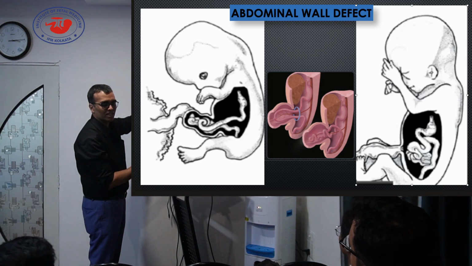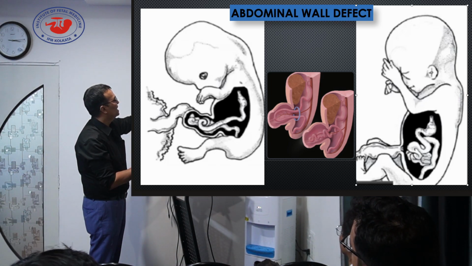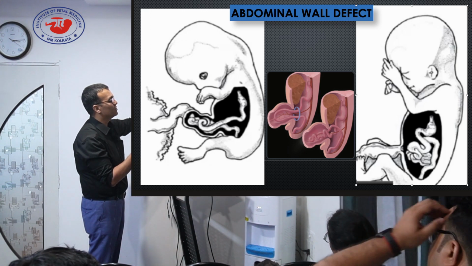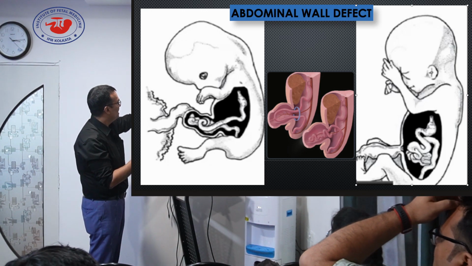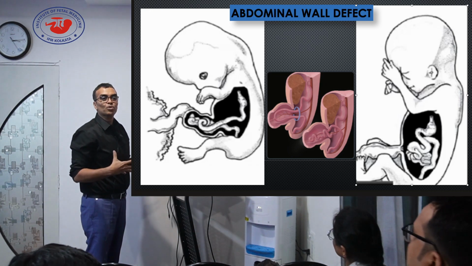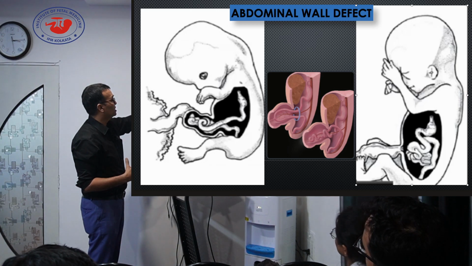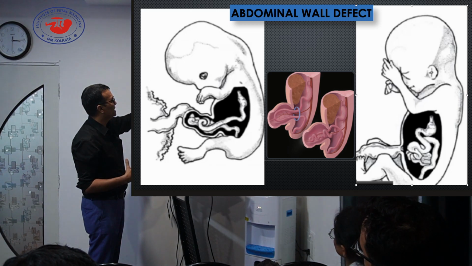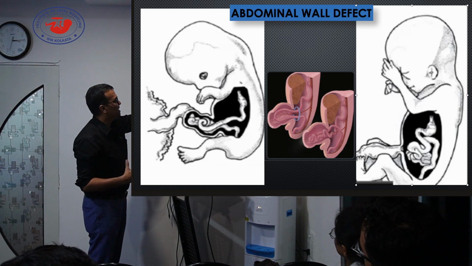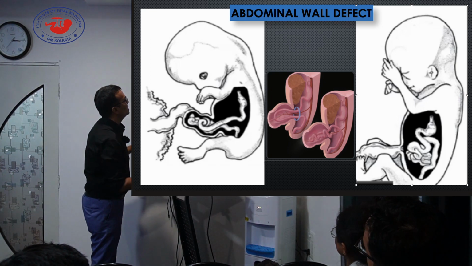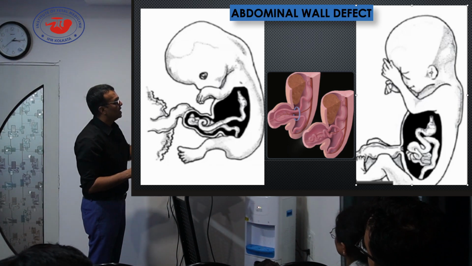Then as it grows, by 11, 12, or 13 weeks, the abdomen becomes more capacious, and this bowel which has herniated into the umbilical cord takes a 270-degree counterclockwise rotation and comes back inside the abdomen.